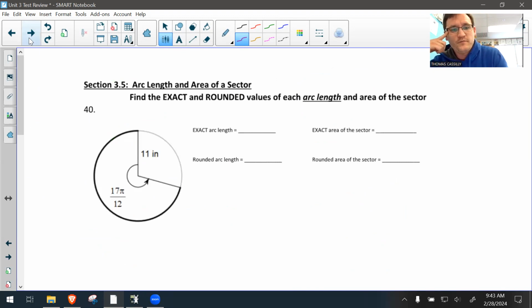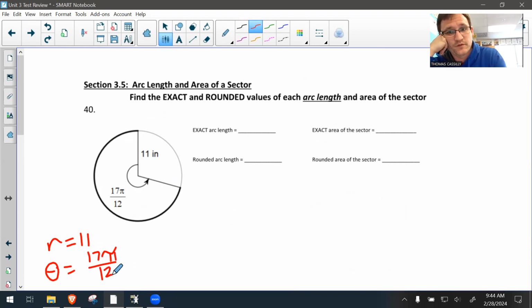On this first one, it's always helpful to identify what you have. The radius is equal to 11, and the central angle in this case is 17 pi over 12. Notice this is in radians, so we'd be better off using the radian formula.